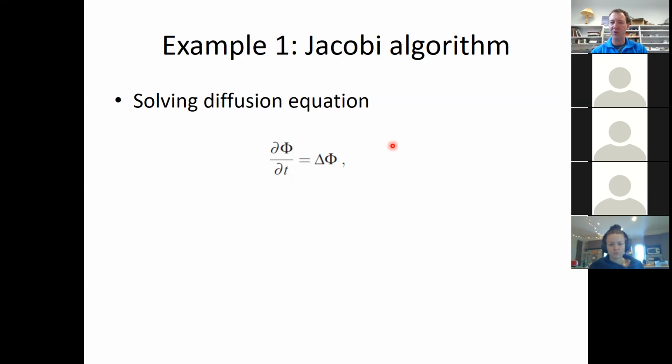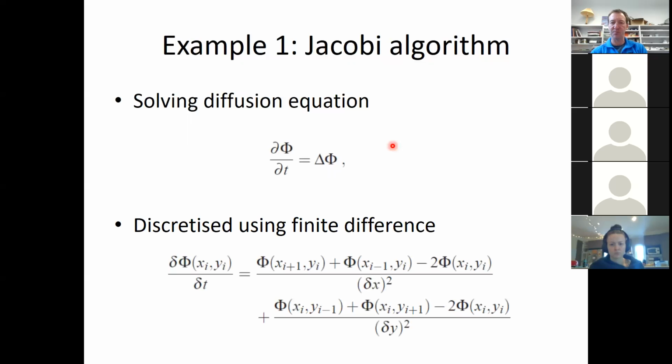Of course, you can solve this numerically by iteration. You discretize this function over space, like over the x and y dimensions, and then you compute the change of this function over a small time increment by computing the second derivative of the function, the right side, as the sum of the second derivatives in the x and the y dimension.